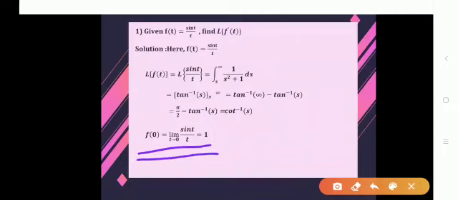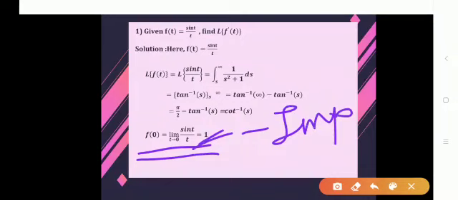Instead of sin 0 by 0 we have to write limit as t tends to 0 of sin t by t, and this is the very famous result from the concept of limit and continuity of the function, and its value is 1. This is a very important result. Some students write it directly as 0 and hence their answer is wrong and they lose the marks. But remember, limit as t tends to 0 of sin t by t is always equal to 1.